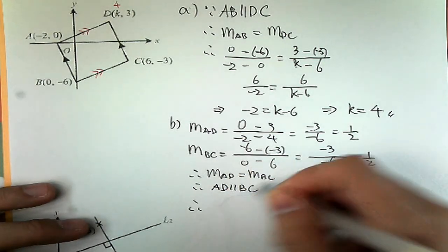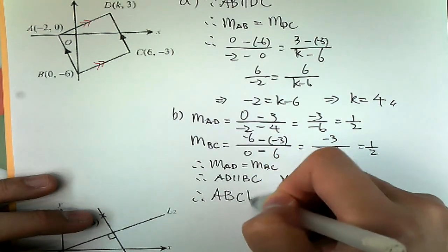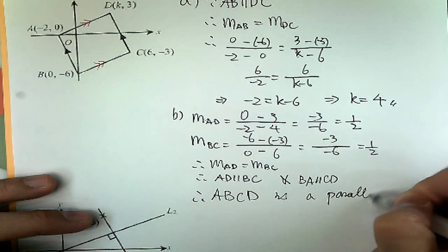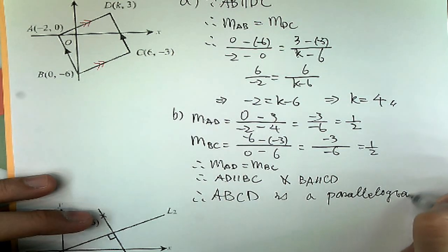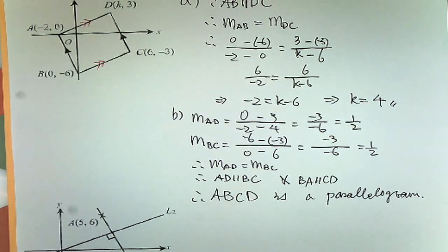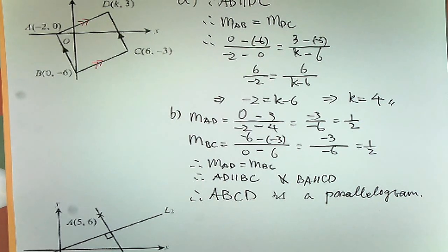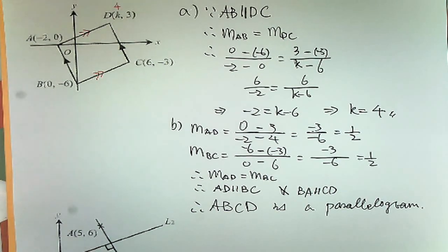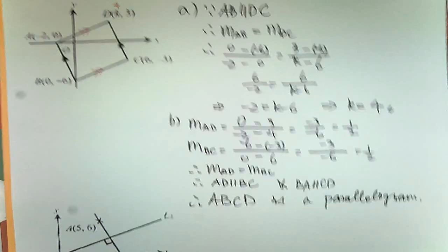So you can conclude ABCD is a parallelogram. Understand? You always have to know the conditions for a parallelogram. Okay, so do one more.